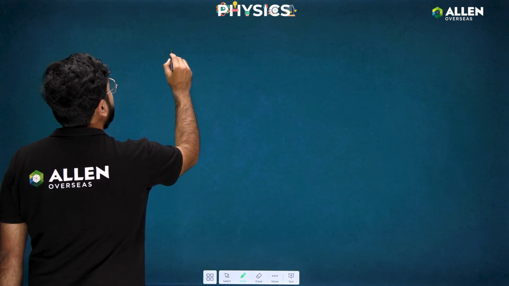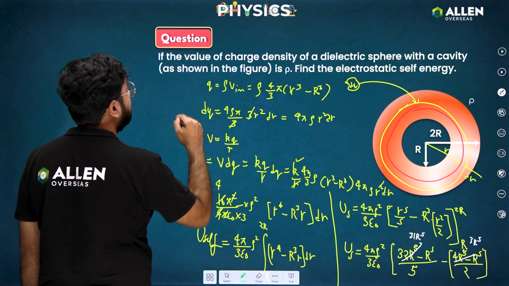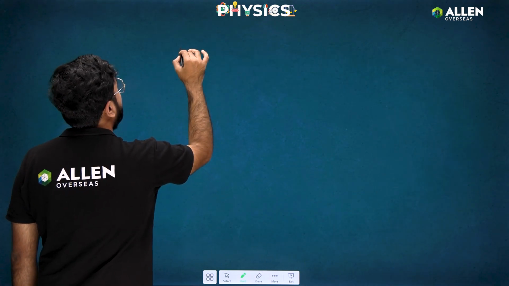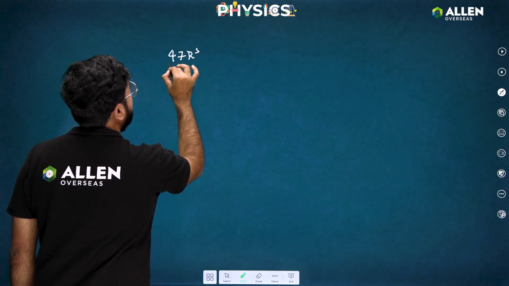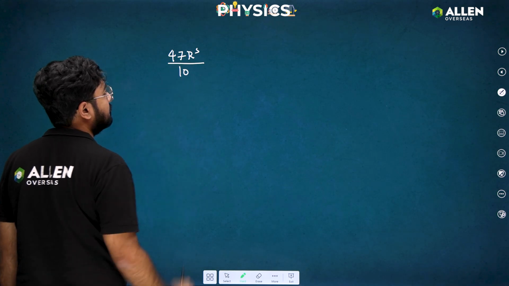So this thing will be equal to 47 r to the power 5 by 10.